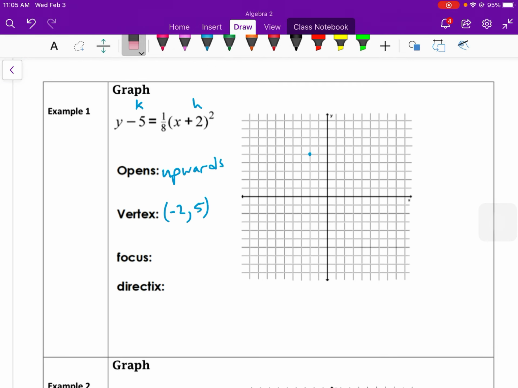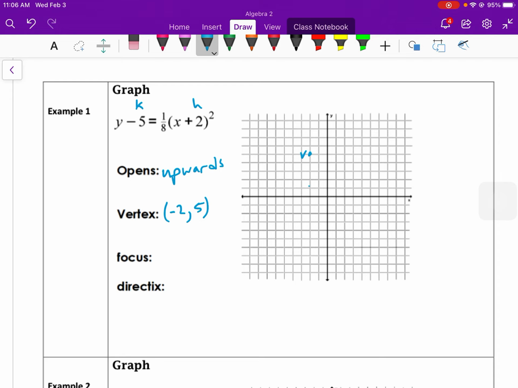Now we're going to find the focus, and we do the focus and directrix again using p, because p is going to be equidistant from the vertex here. So a positive p and a negative p. The focus point, since it opens upwards, is going to be above the vertex. So this is your vertex, negative 2, 1, 2, 3, 4, 5.